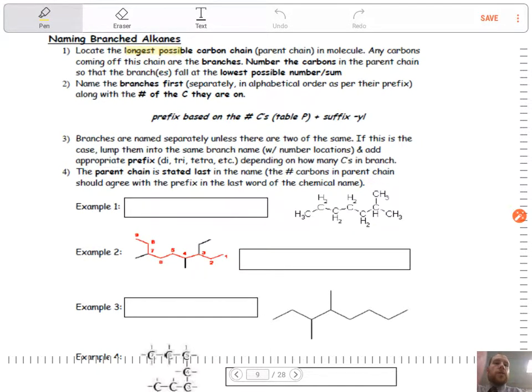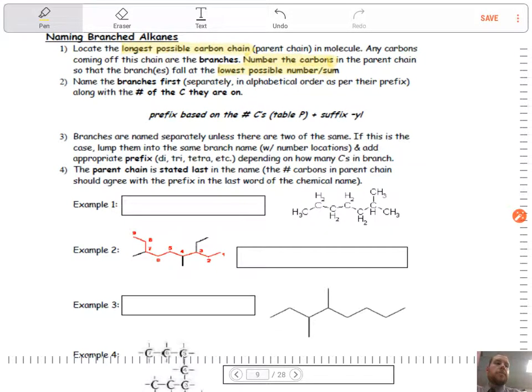First step, locate the longest possible carbon chain. That's what we call the parent chain. Any carbons coming off this chain are the branches. So we're going to number the carbons so that the branches fall in the lowest possible number. You'll see what I mean in just a second.